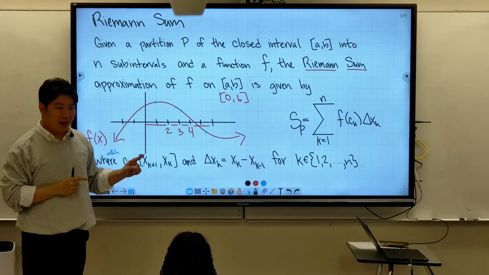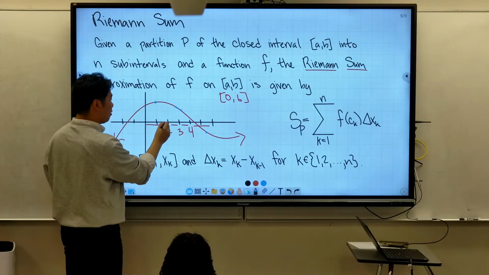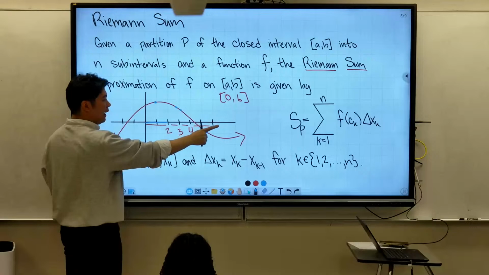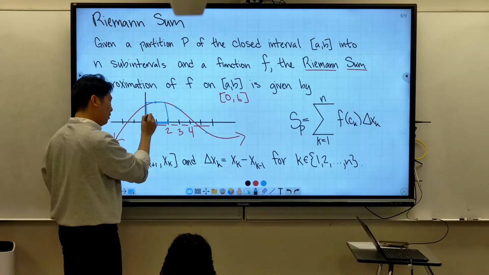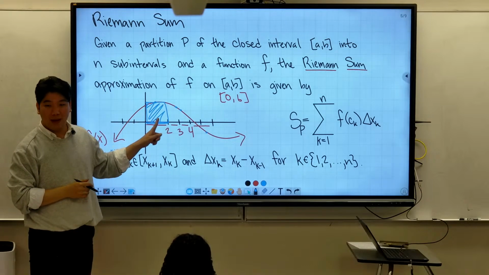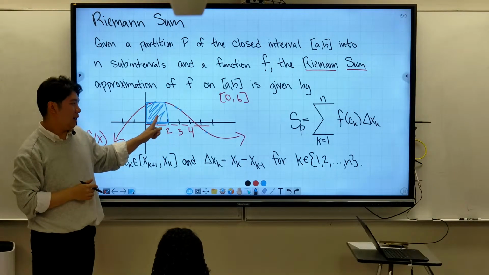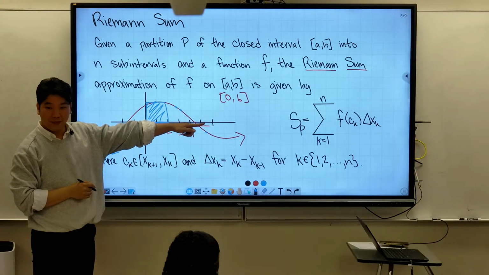Well, actually, that's exactly what's going on here. Delta x is the width. F of ck is a height that I have chosen. That is one of my boxes. F times my delta x.